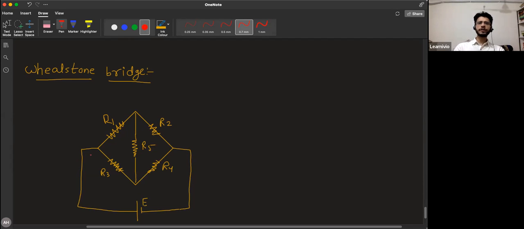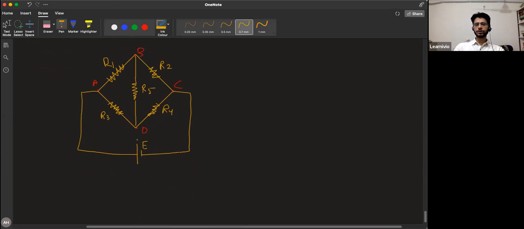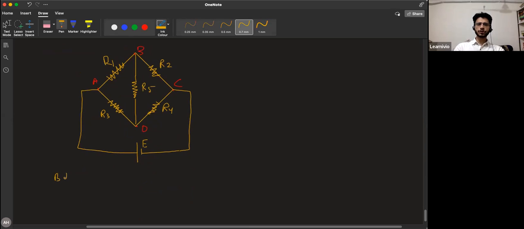As we have already discussed, in Wheatstone bridge, in general, no two resistors are in series or in parallel. No series, no parallel combination. What was the balancing condition of Wheatstone bridge? R1 by R2 is equal to R3 by R4.